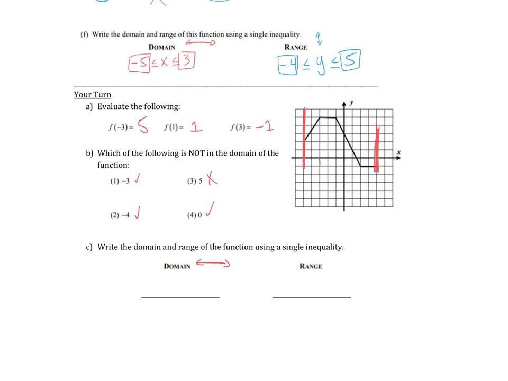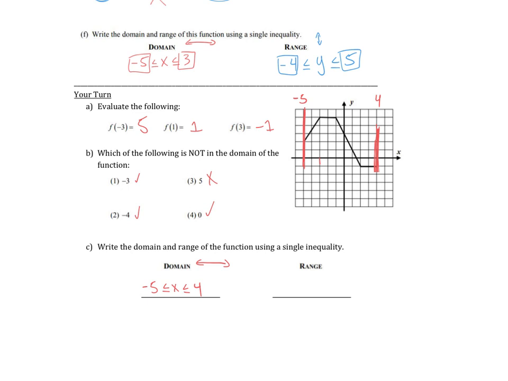Now all I have to do is count to see where that's starting and ending. So it's 1, 2, 3, 4, 5. So it's starting at negative 5 and it's ending at 1, 2, 3, 4, positive 4. So I'd write that as negative 5 less than or equal to x less than or equal to 4. Basically what that means, if I read that, my domain is between negative 5 and 4.